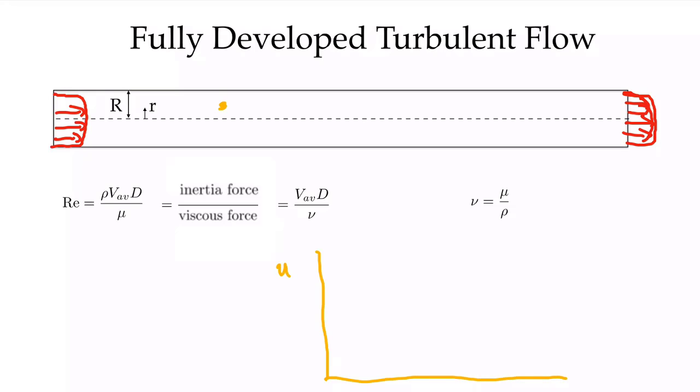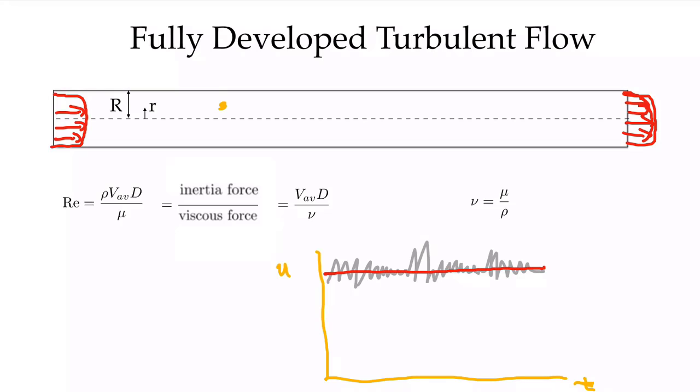So the velocity as a function of time once we have a turbulent flow. Once we have that turbulent flow, the velocity as a function of time will no longer be constant. What we're going to see is that we have a signal that is noisy.